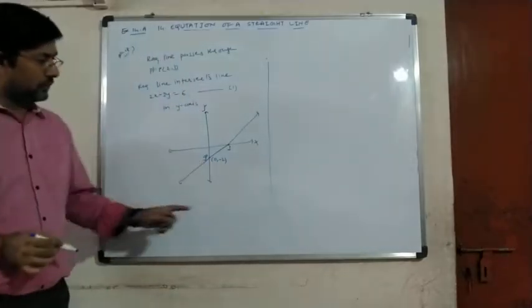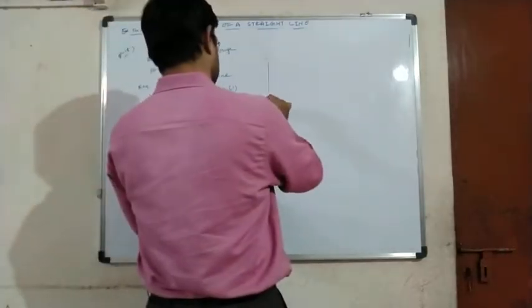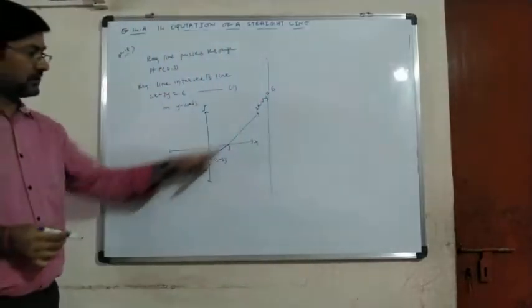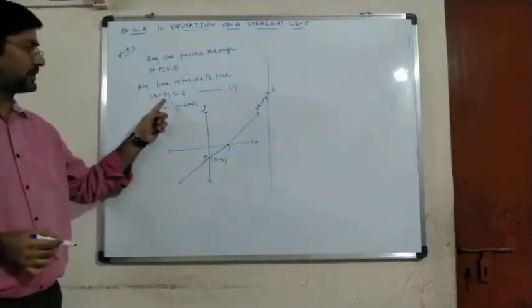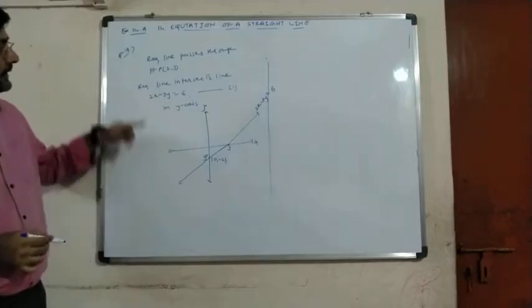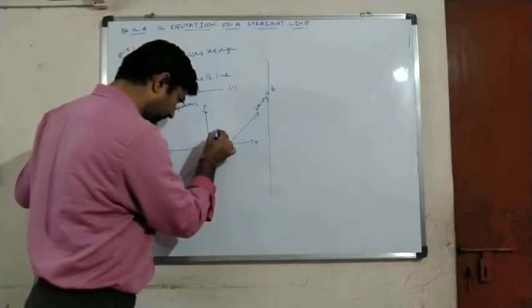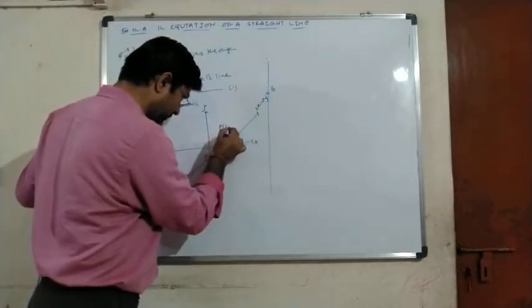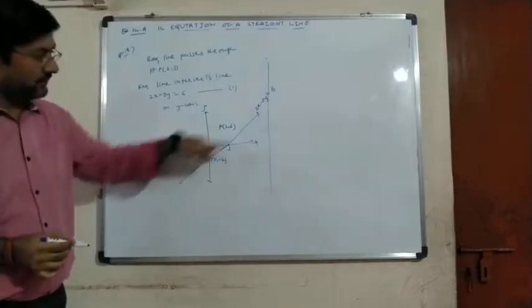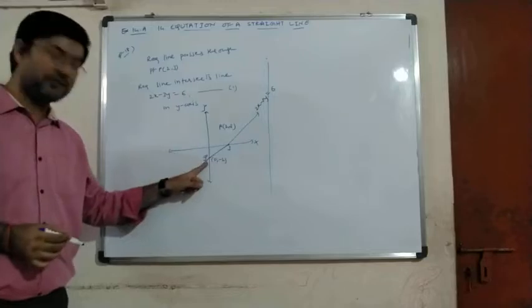So this is the given line 2x minus 3y is equal to 6. Now the required line is passing through point P. So P 2, 3 will be somewhere here, and the required line also intersects the given line in the point where this line intersects y-axis.